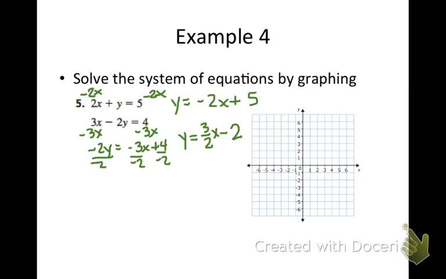So for the first one, we have a +5 and some points along the way. Okay.